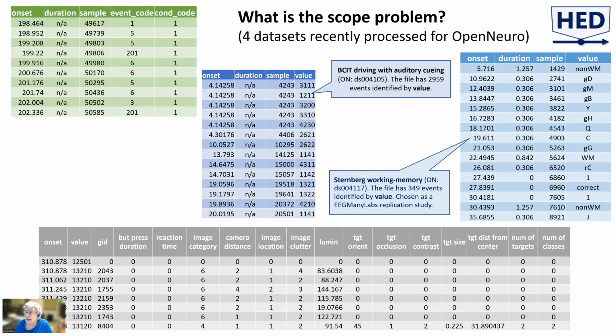For analysis, the idea is that analysis tools take the information in the events files and combine it with the sidecar dictionaries. They take each event, which is represented by a row in the events file, and concatenate the relevant annotations from the dictionary to produce a fully annotated event.